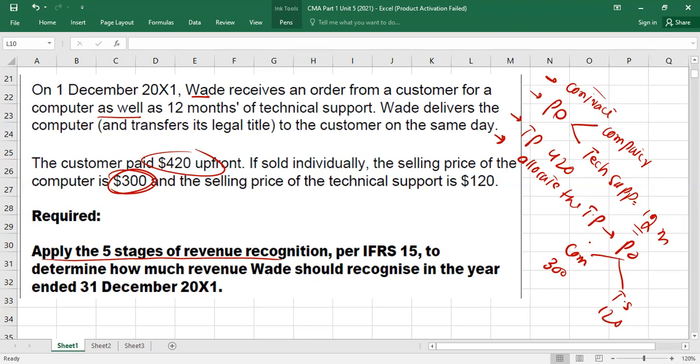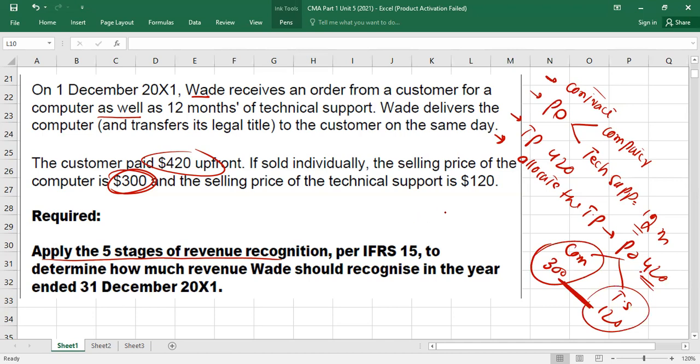And what was the transaction price in total? $420. So let's assume that out of this $420, 300 is for the computer and 120 is for technical support. Because if you add these two values, it is also $420. So we don't need to allocate. It's already allocated. Otherwise, we will allocate. I will tell you how.